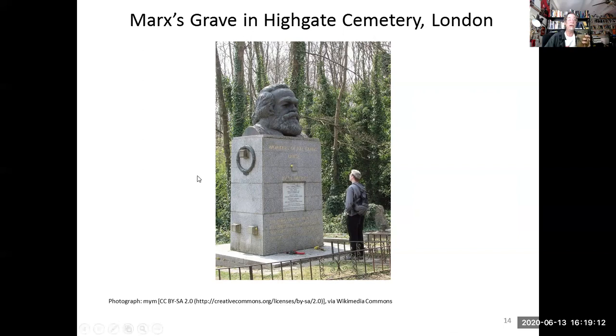He's buried in London. People still visit his grave. The Communist Party of Great Britain paid to erect this very large monument in the 1950s. It's been vandalized from time to time. Someone tried to set off a bomb there. It didn't do significant damage to the monument.